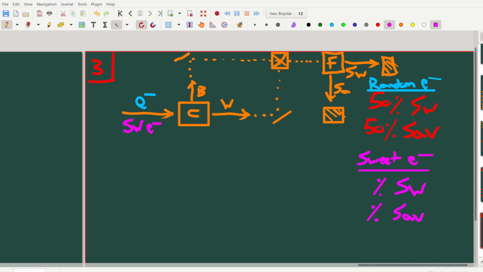And of course, they're 50-50. So 50% go this way and 50% go this way. And then they recombine. And we measure the sweet or savory amounts. All right? What do you think the answer is going to be? What's the percent that we measure that are sweet versus savory in this situation? What's the logical answer here?